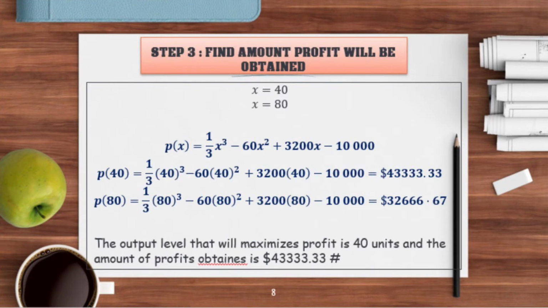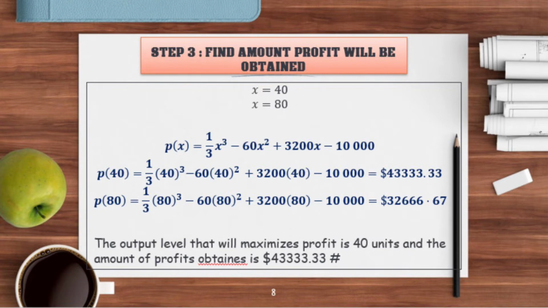Last step is to find the amount of profit we will obtain. We know that the output levels are 40 and 80 units. Then substitute 40 and 80 units into the demand equation to compare which output will maximize profit. For the 40 units, we get a profit of $43,333.33.